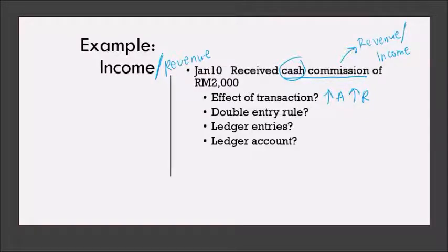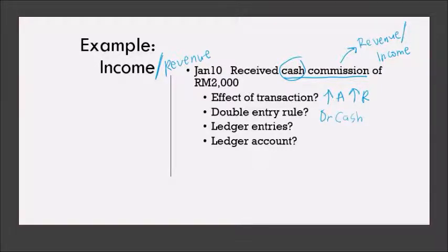Now let us record it in the double entry rule. So which side does the asset increase? Asset increases on the debit side, and cash is the asset. So what about the revenue?